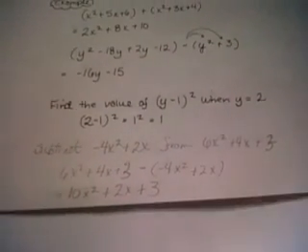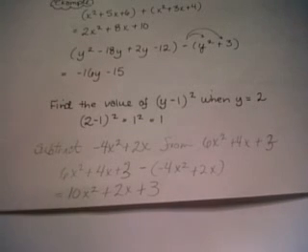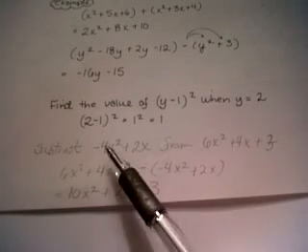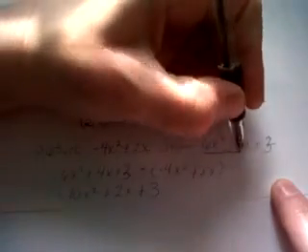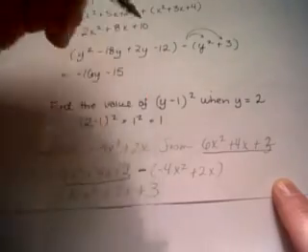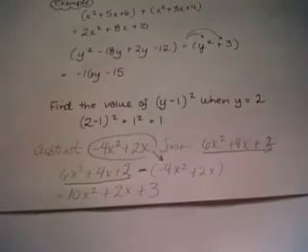You also might see something like this that says, subtract negative 4x squared plus 2x from 6x squared plus 4x plus 3. So when I say subtract something from, that means the from part is first in your equation, and then I subtract the part that I'm subtracting. That's going to go here.